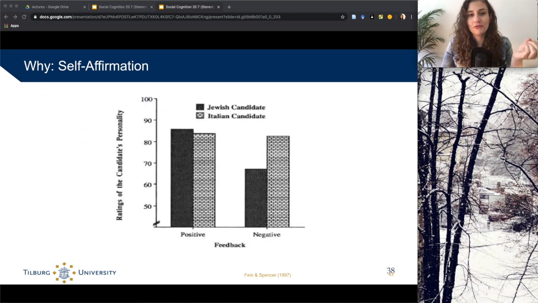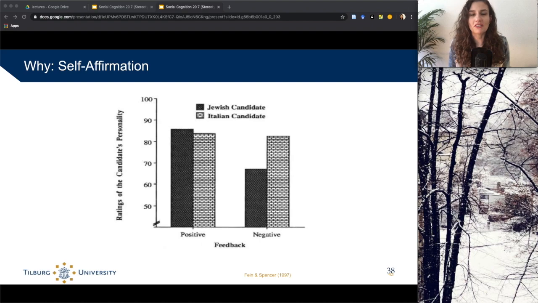Okay, so first of all, we can again take a look at the ratings of the candidate. So this is basically a replication with a different manipulation of the study that we've seen before. So here, participants who got positive feedback, this would be similar to the self-affirmation condition from before.